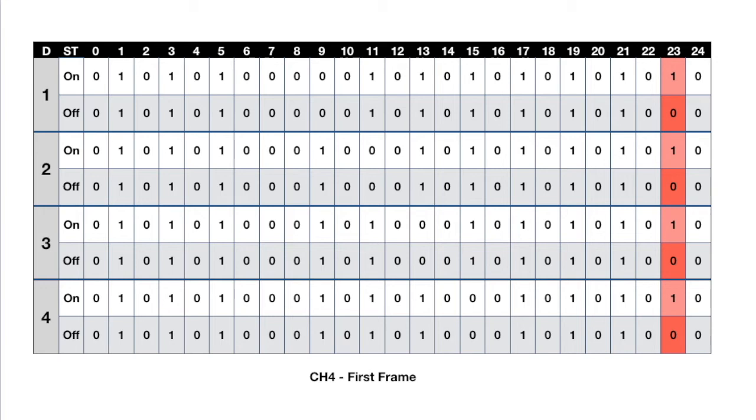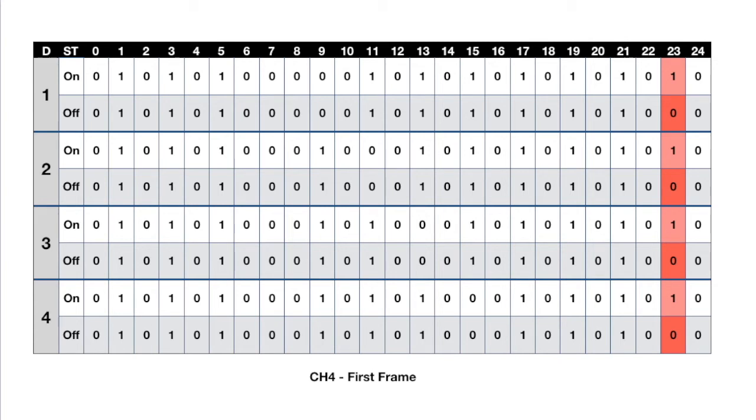So it is very convenient that for on I have a 1 and for off I have a 0 for all of the devices. So probably bit 23, along with bit 22 in the case of the differential coding, are the bits responsible for turning on and turning off the device.